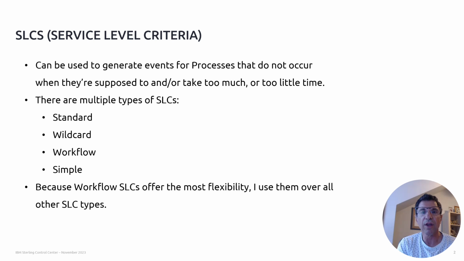Control Center takes in events and the rule service processes all those events. And if you have the right rules in place, like ones to watch for events coming out of the SLC service for your SLC that's coded to ensure a BP doesn't take too long to run, then you can be notified.